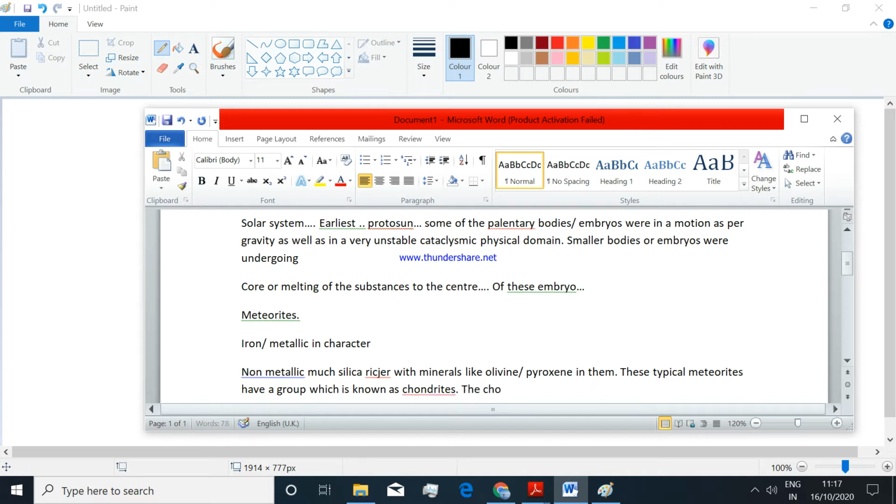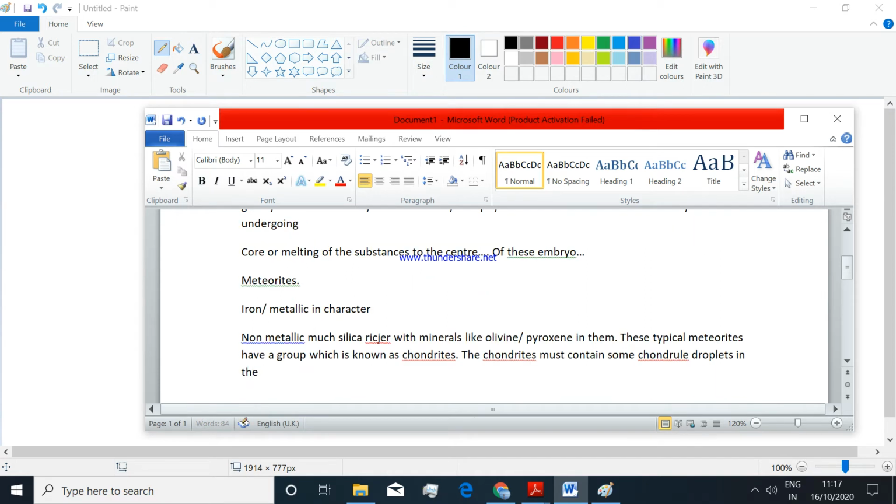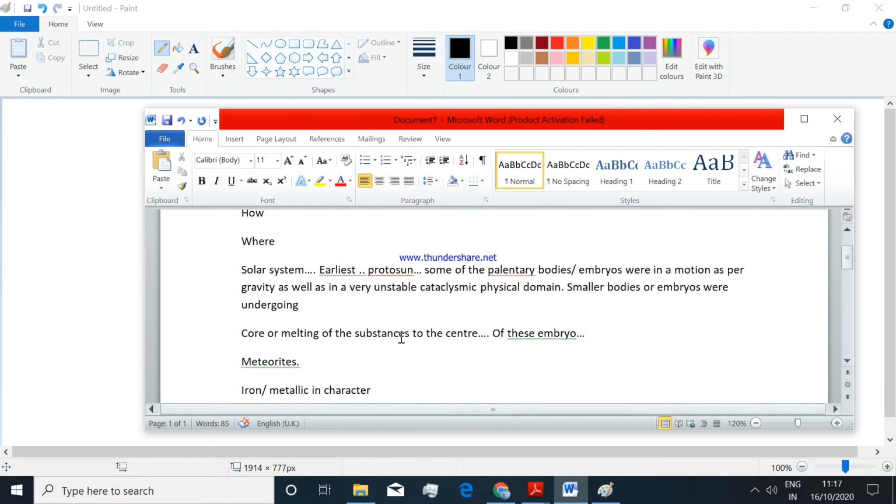The chondrites or chondritic meteorites contain some chondrule droplets in them. Now, what are the chondrules in the chondrites?